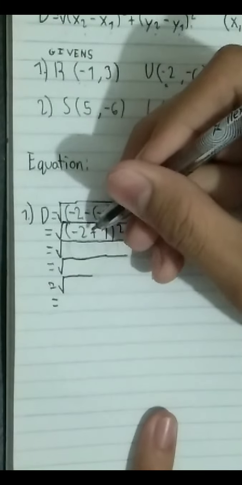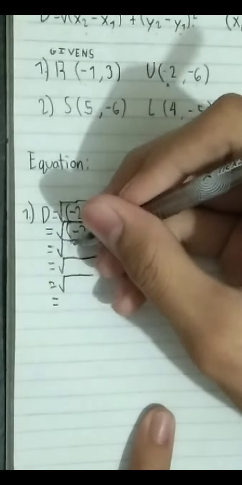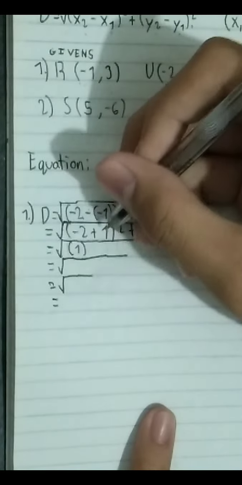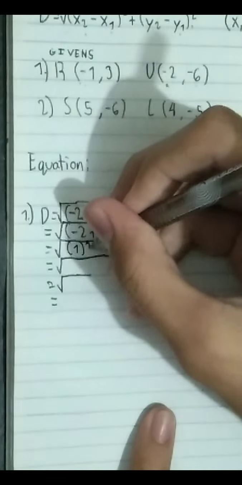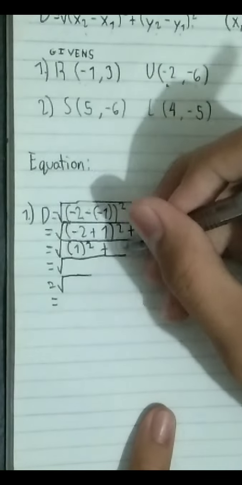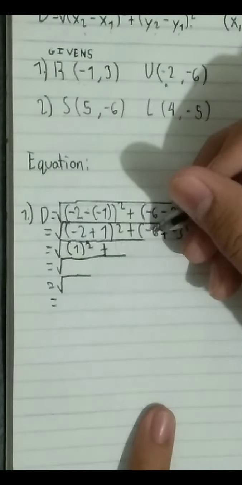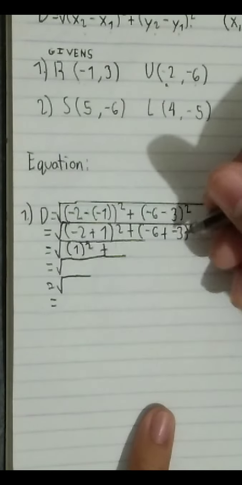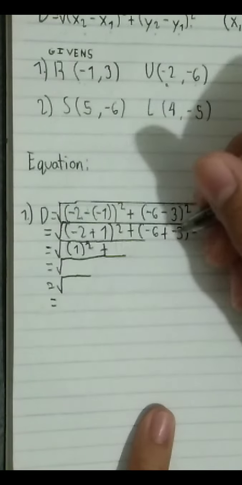So negative 2 plus 1 is equals to 1 because they both have different signs. So squared, and next, then negative 6 plus negative 3 is equals to 9. Why? Because they both have the same sign.